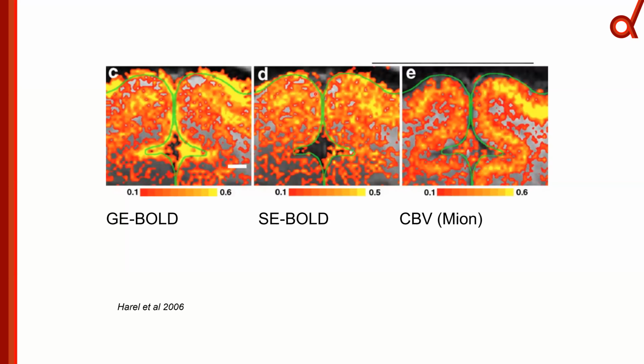You would originally expect in this kind of experiment to have an increased activation somewhere deeper in the cortex, around layer 4 for the input layer. And if you look at CBV done with MION, then this is a kind of gold standard-y experiment where you can see indeed that you have most of the activation in the cortex. The only thing is, of course, nobody wants to have MION injected into them.